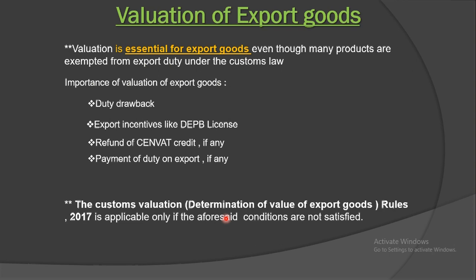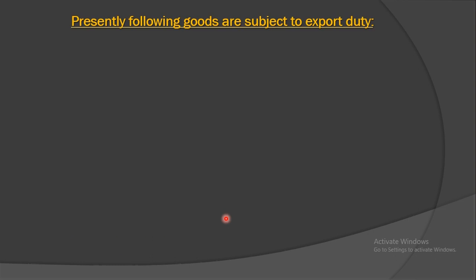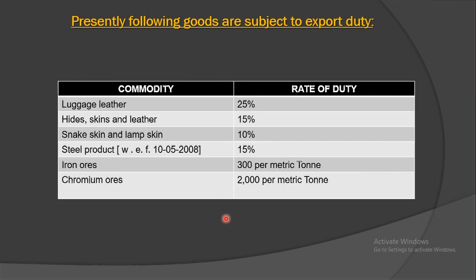These rules come under the Customs Valuation Rules 2017, determination of value of exported goods. Presently we have export duty only on the following commodities: luggage leather, hides, skin and leather, snake skin and lamb skin, steel products, iron ores, and chromium ores.